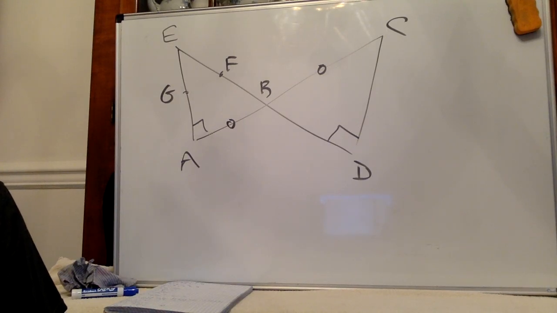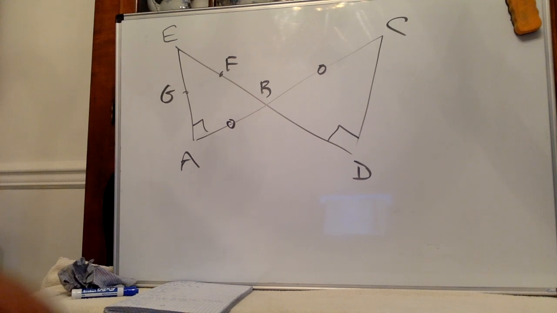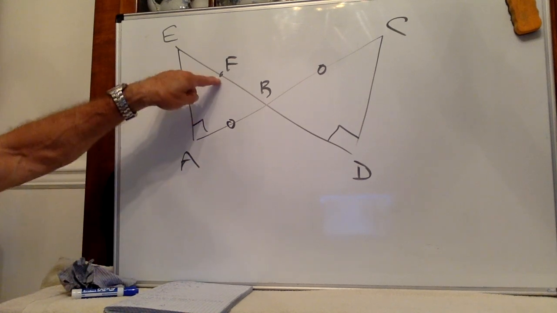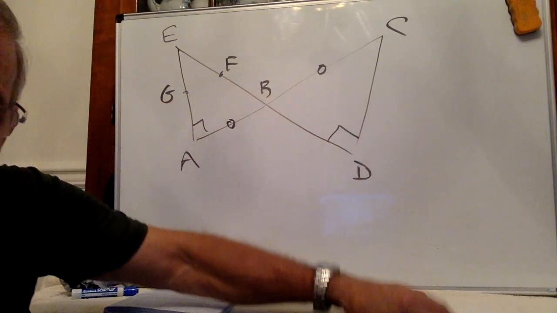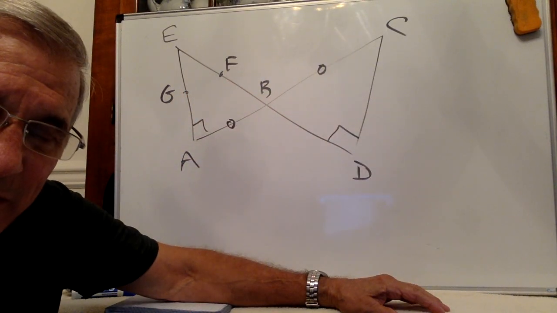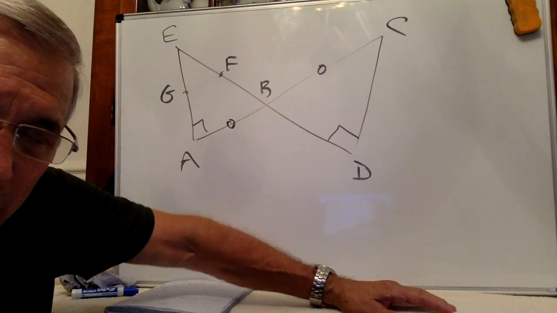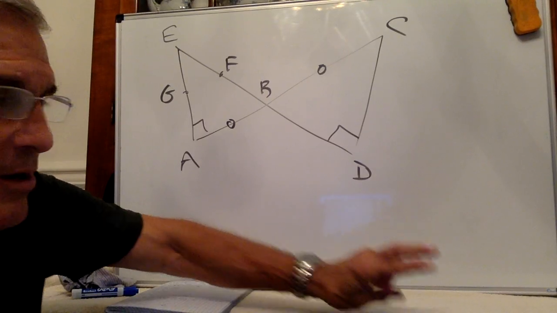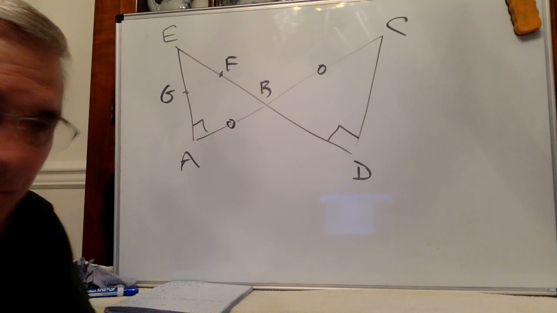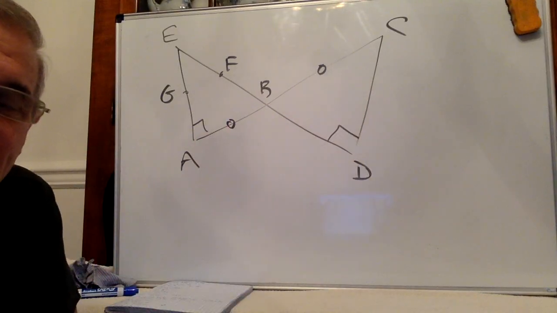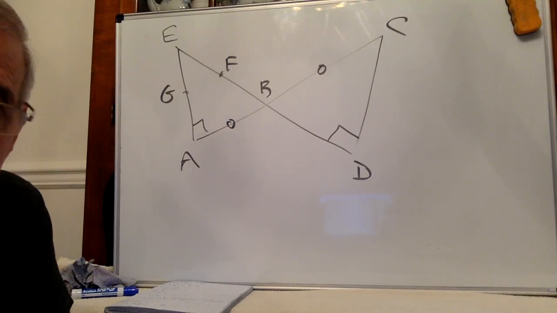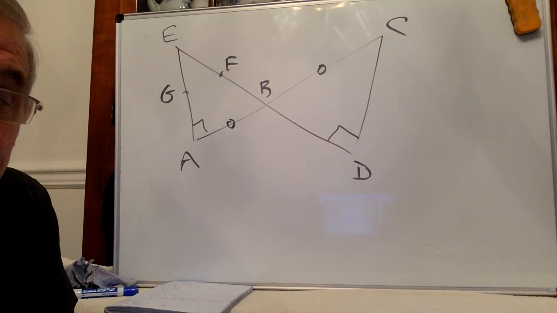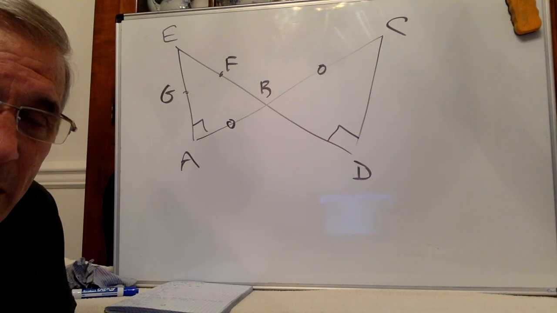Are F and C collinear? All right, now think about this one for a second. Well, there's no line segment drawn there, but does that necessarily mean they're not collinear? And the answer is they are collinear. Any 2 points can be connected, forming a line or line segment. So even though the line segment or the line is not drawn in there, you can say that F and C are collinear.